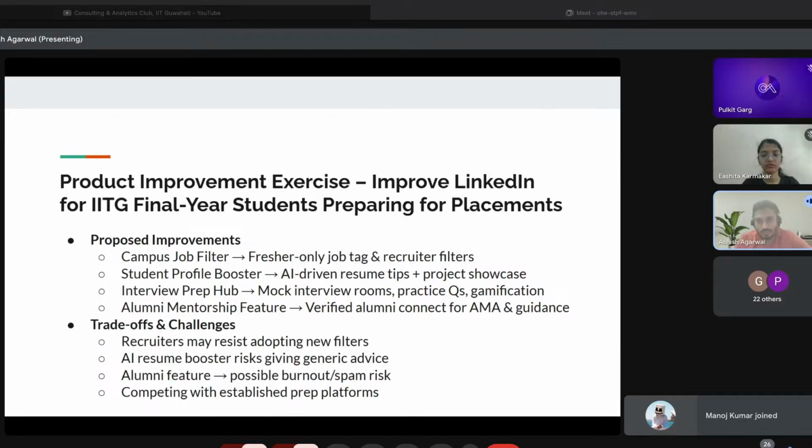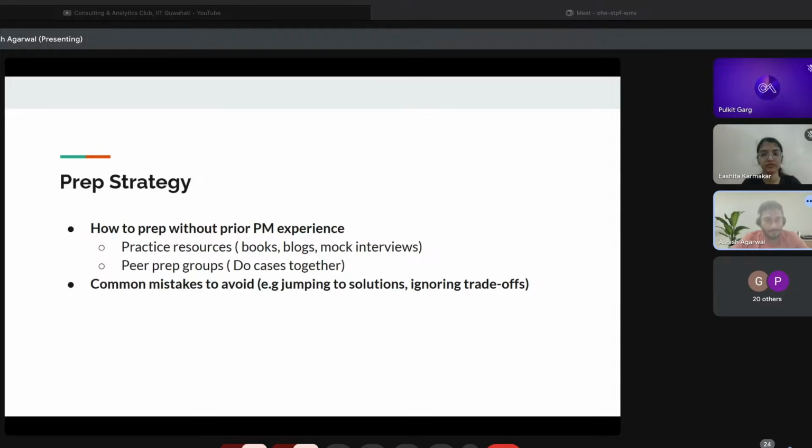And the second most important thing is two things that people usually make mistakes in. What we usually think is that I have given you a problem. I have not given you a problem. What I have done is given you a statement which you have to define problems out of and then go to solutions. So never ever do this, that given a product problem, you try to define it, then you jump to solutions.